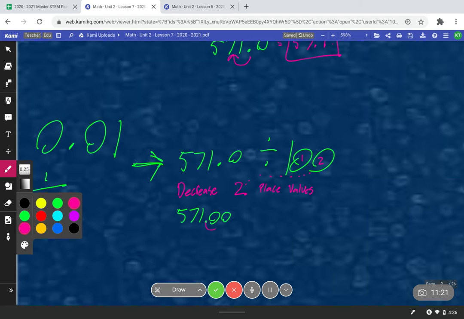So if I move it this direction, that's going to become 57,100. That's not smaller. We are decreasing. So my decimal point is going to go 1, 2, giving me 5 and 71 hundredths.